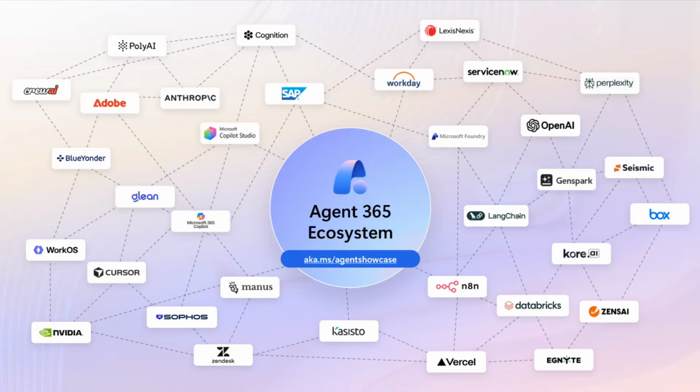I have a demo recorded as well of one of the use cases by one of these partners, but before I get into it, I would love to showcase how you can extend any external agent as Agent 365 using our SDK.